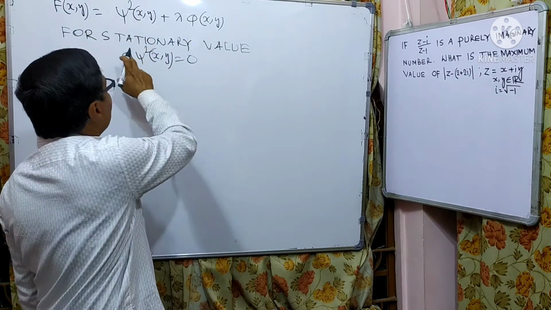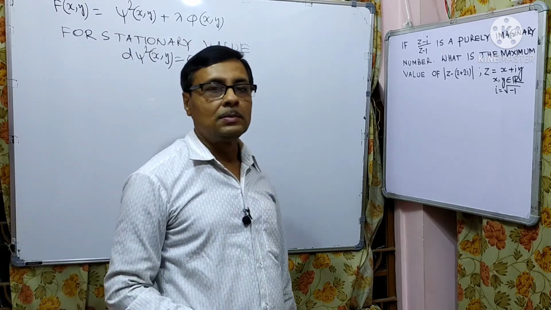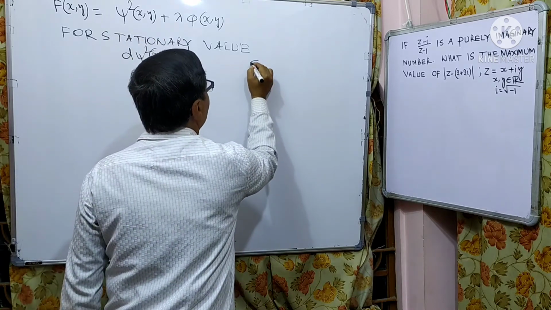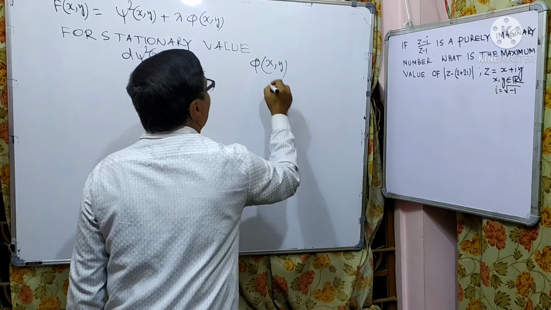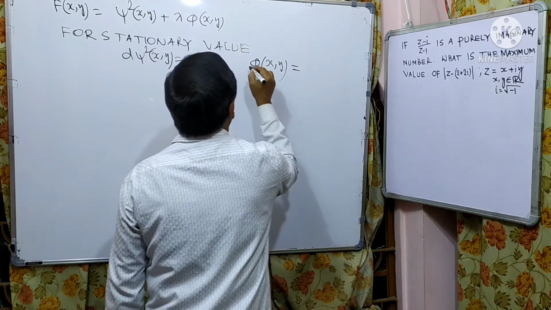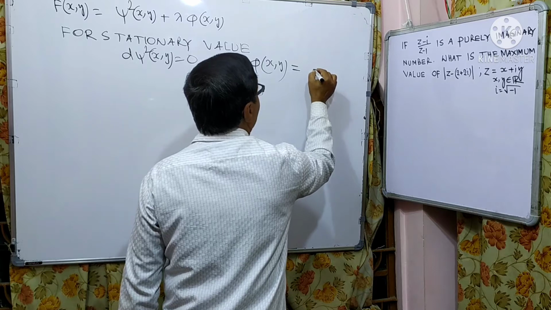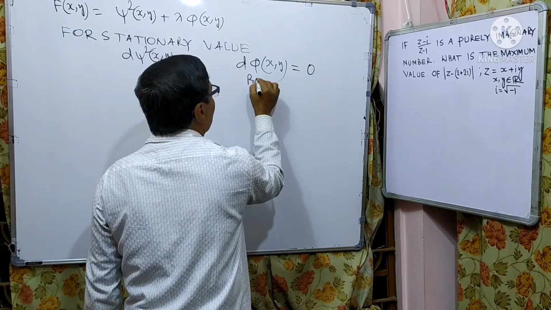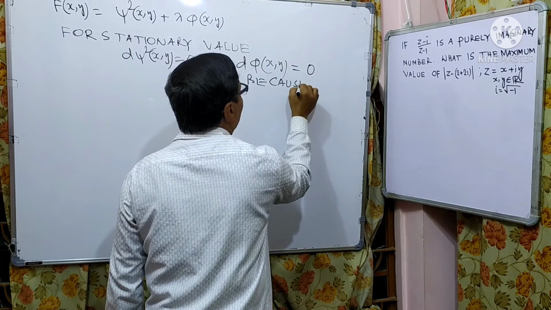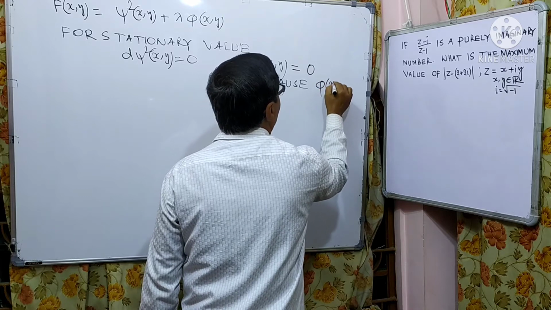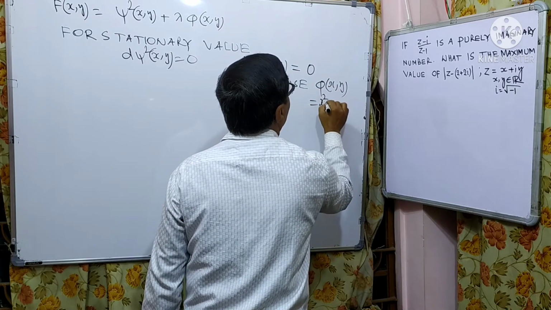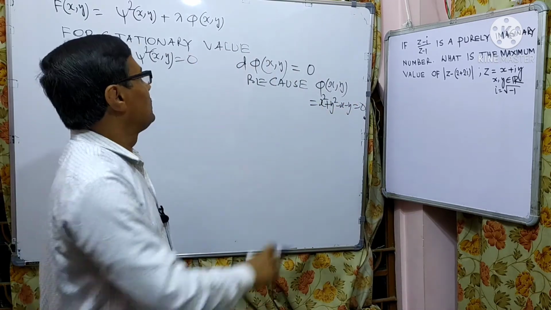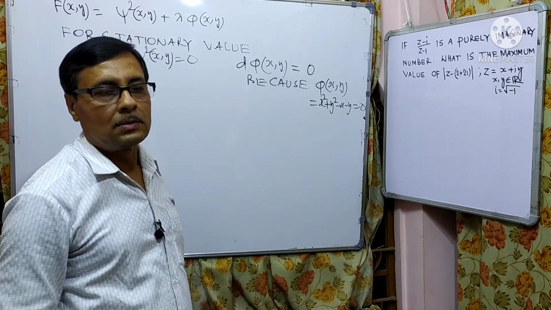Also d phi(x, y) is always 0, because phi(x, y) = x² + y² - x - y = 0, so its differentiation is also 0.